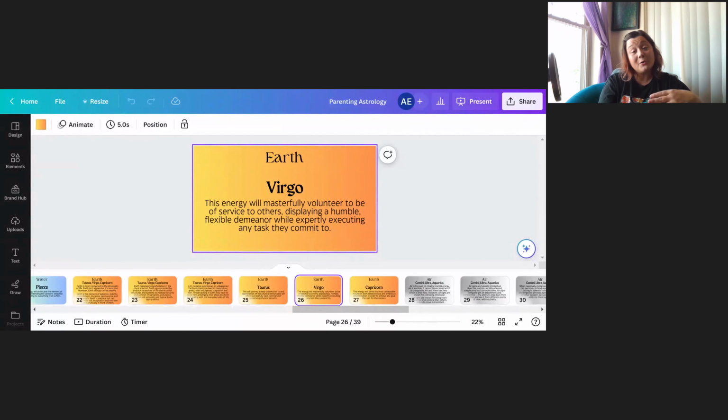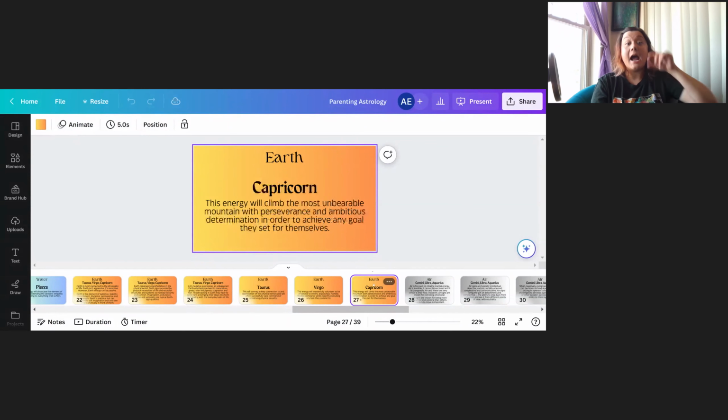However, if you don't have boundaries in place, you can overextend yourself. And so that's where understanding this energy and boundaries, obviously important for everybody, but especially if you have strong placements in these energies that naturally will overgive, it's important to be mindful of that.